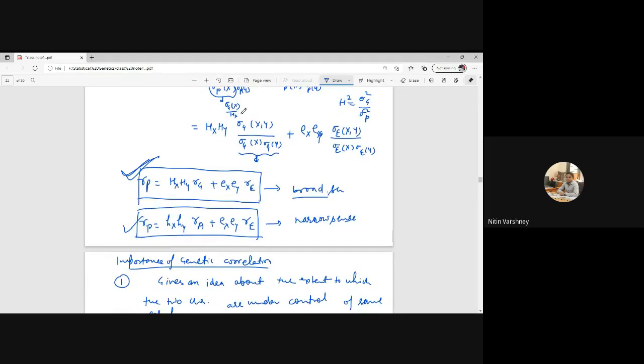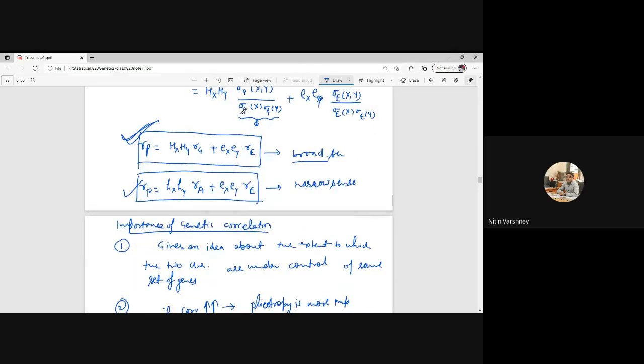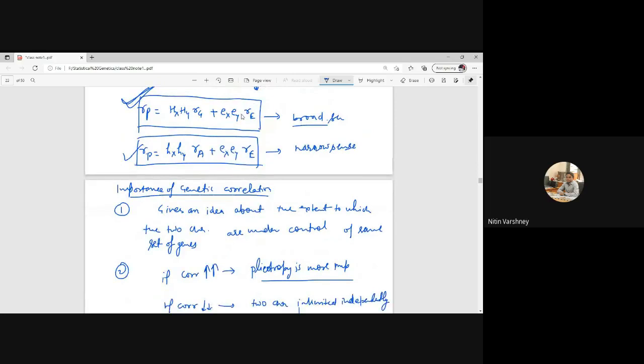Okay, I think in 2015 ARS, the question was this: on the basis of narrow sense heritability, what is the genetic correlation? There are many options, like combinations of capital HX, capital HY. So we have to select the narrow sense heritability.